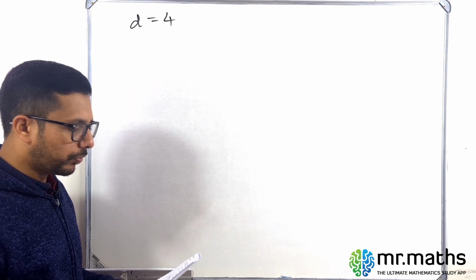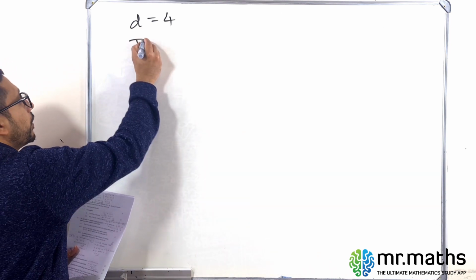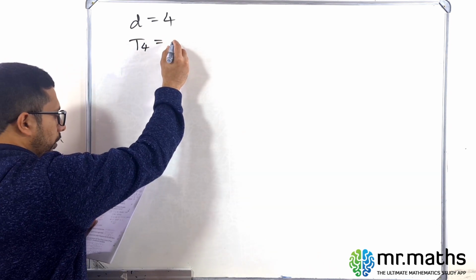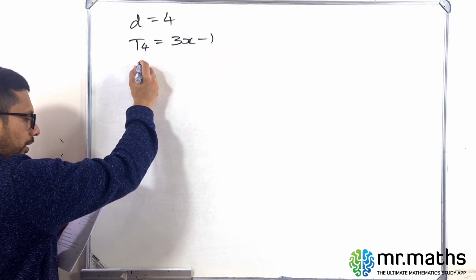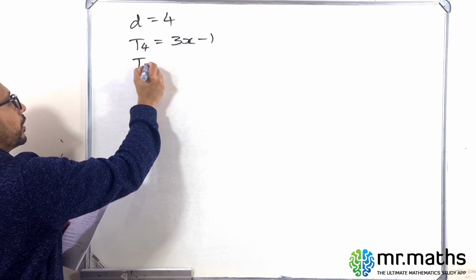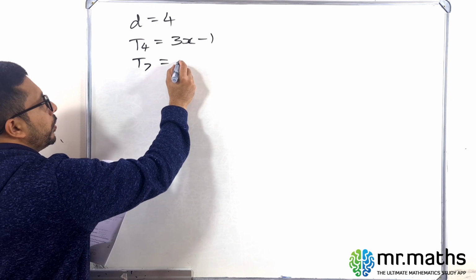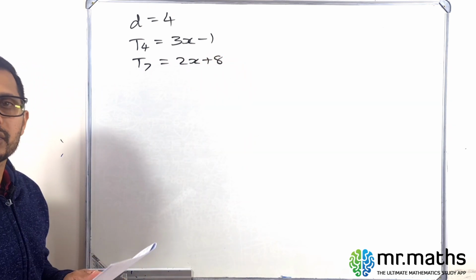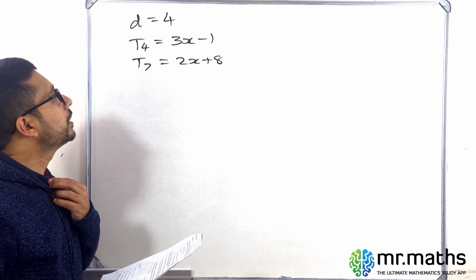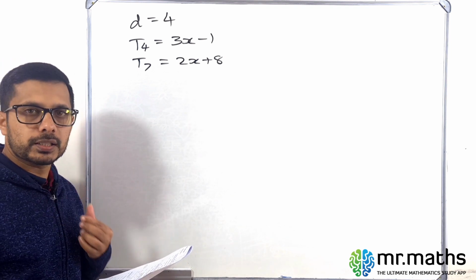So the fourth term is 3x minus 1, and T7 is equal to 2x plus 8.